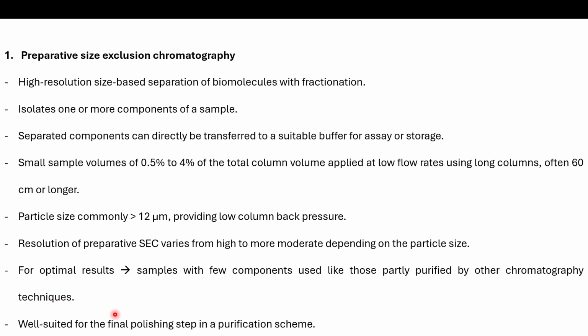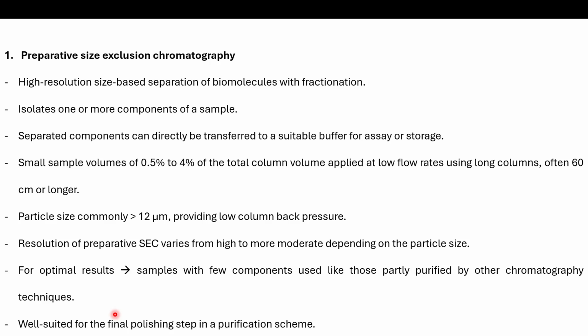That's what the previous slides also showed, that after ion exchange or affinity chromatography or hydrophobic interaction chromatography, you basically do SEC, so that should be the last step ideally. Wherein you get the purest form of your protein or whatever sample or complex of interest.